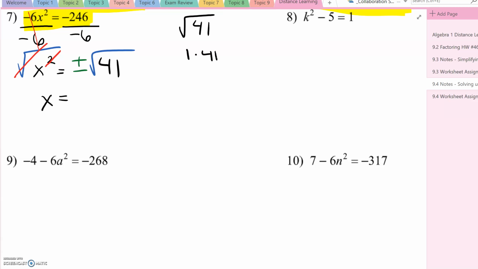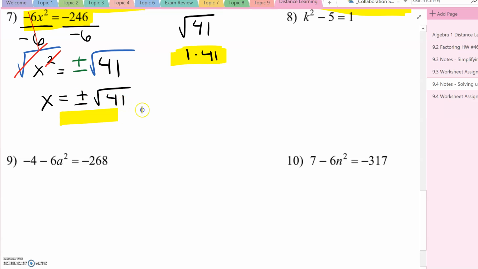I'm seeing a pattern here. There is no number. We can't simplify 41. 41 is a prime number. There's nothing that multiplies to get 41 besides 1 times 41. So, because it's a prime number, this is just our answer, plus or minus the square root of 41.